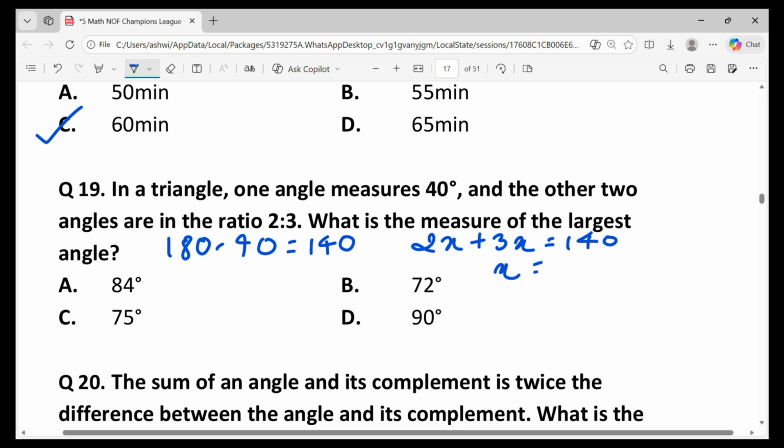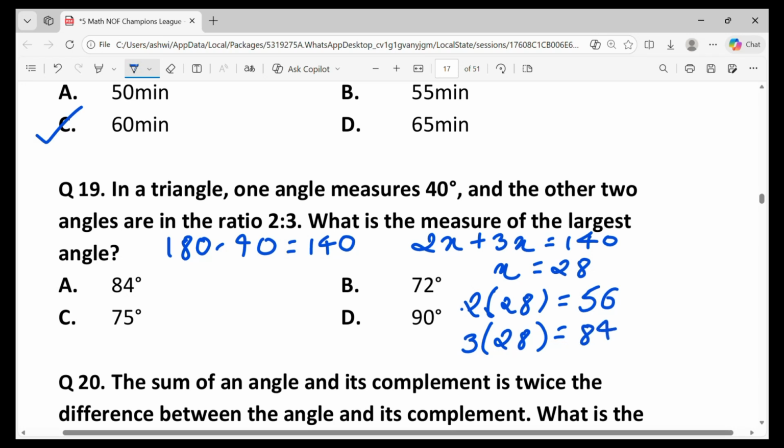That gives us x is equal to 28. The two angles will be 2x, that is 2 into 28, that is equal to 56, and 3x, that is 3 into 28, that is equal to 84. Of all three angles, 84 is the largest, so the answer is A, 84 degrees.